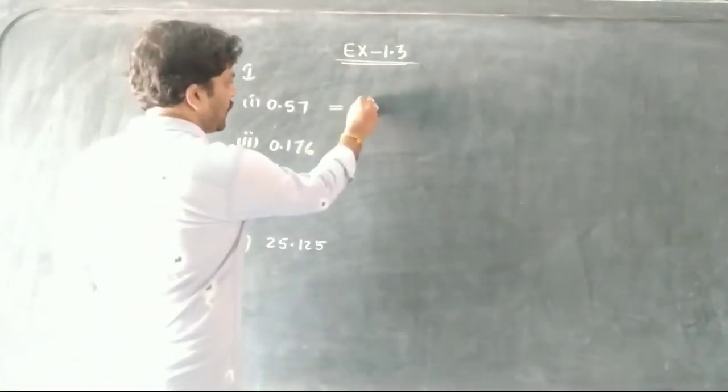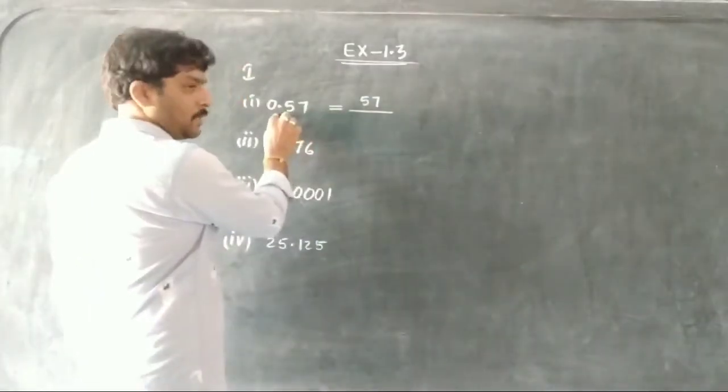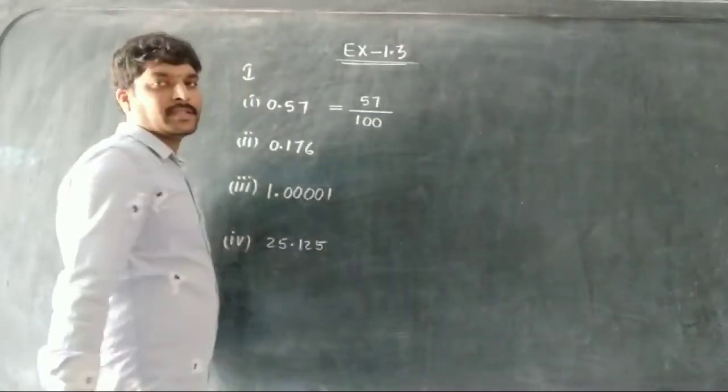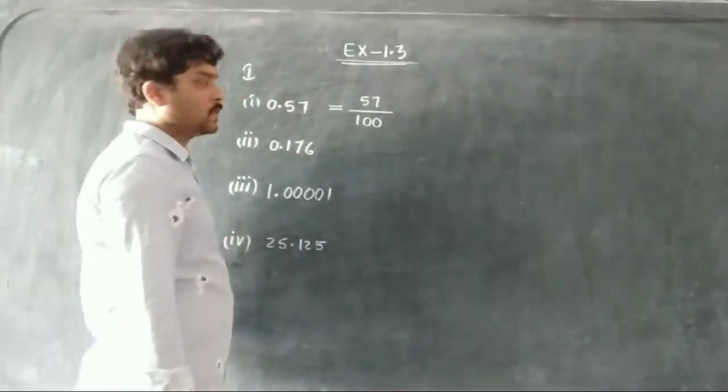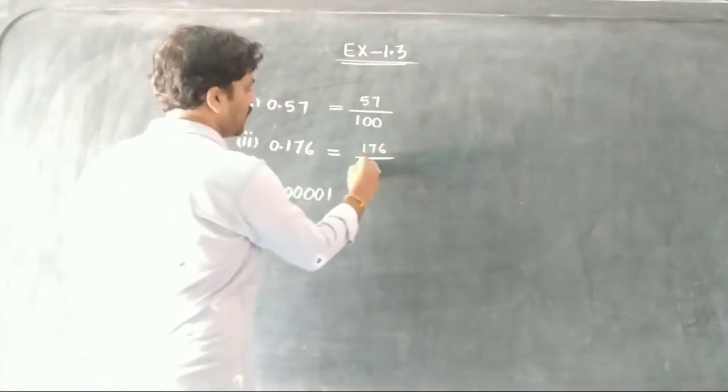So decimal, how to write in fraction form: 57 by 100, since the decimal has 2 digits after the point, so 2 zeros. Is there any cancellation? There is no common factor for them, so no need to cancel. Second question, 176 by 1000.